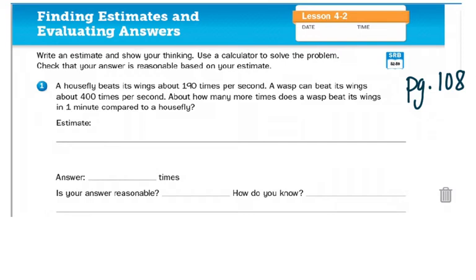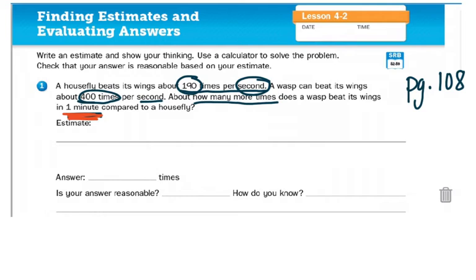So a housefly beats its wings about 190 times per second. A wasp can beat its wings about 400 times per second. How many more times does a wasp beat its wing in 1 minute compared to a housefly? So we're figuring out difference.